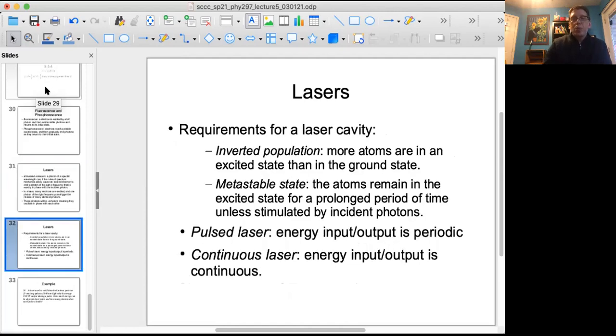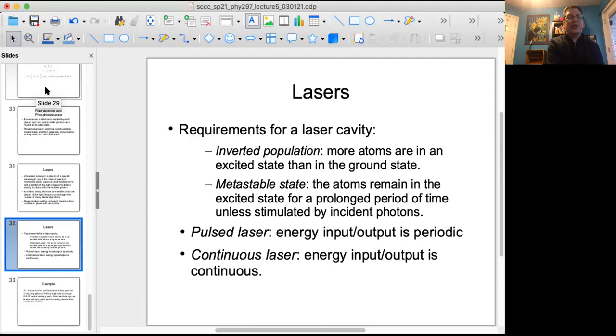So what do you need to create a laser cavity? You need what's called an inverted population, meaning more atoms are in the excited state than in the ground state. So you need something to excite the atoms. And the state not only has to be an excited state, but it has to be a metastable state.